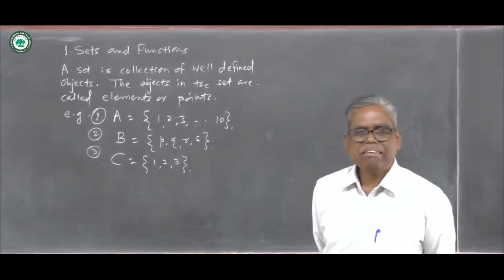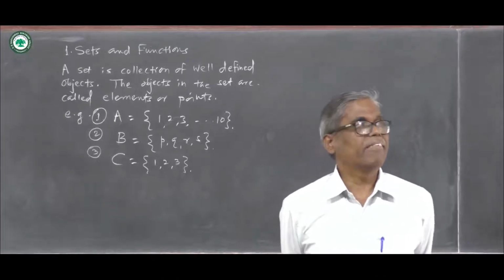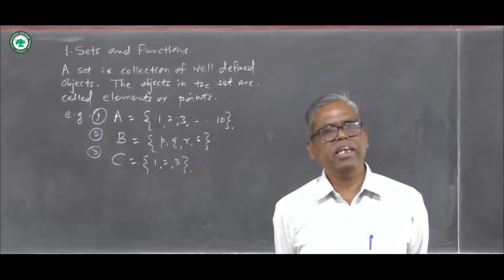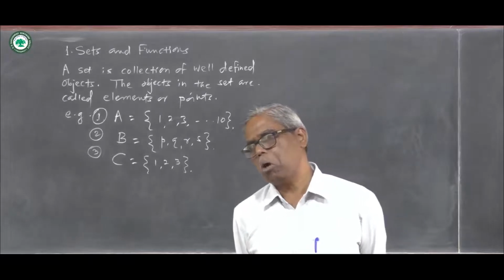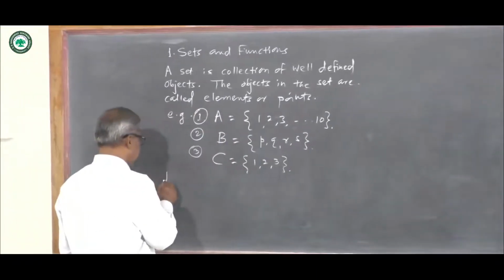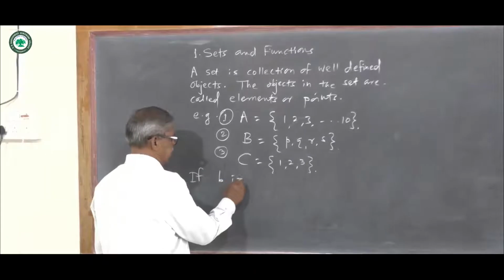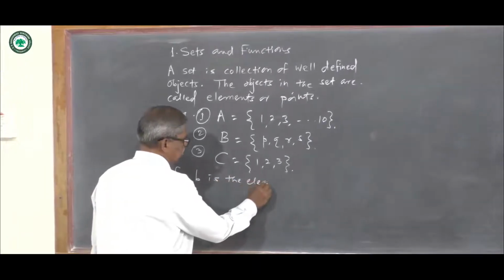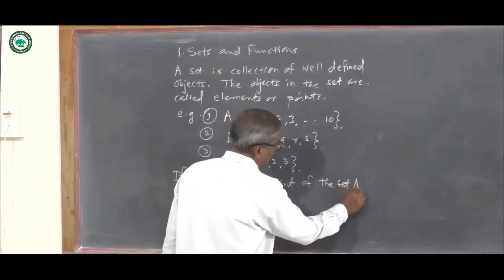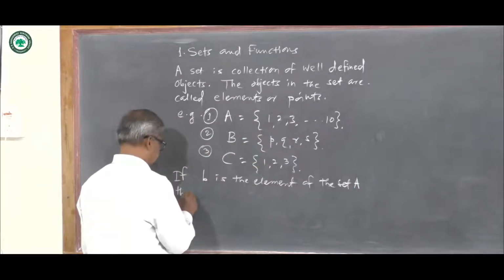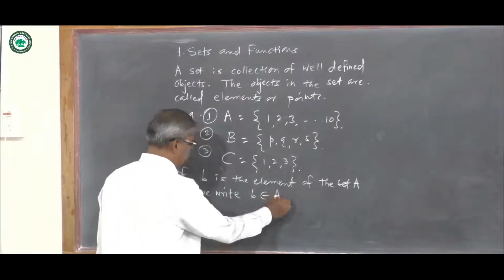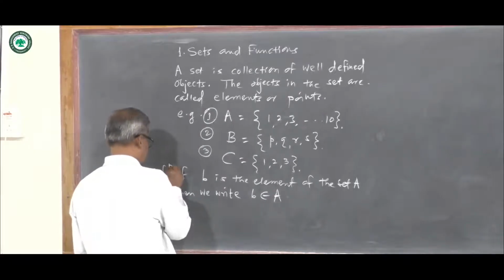If b is an element of set A, then we write b belongs to A. If b is not an element of A, then we write b does not belong to A. If b is the element of the set capital A, then we write b belongs to set A.